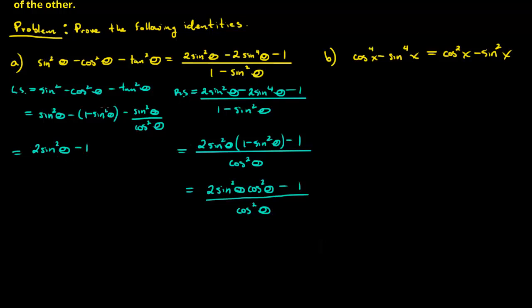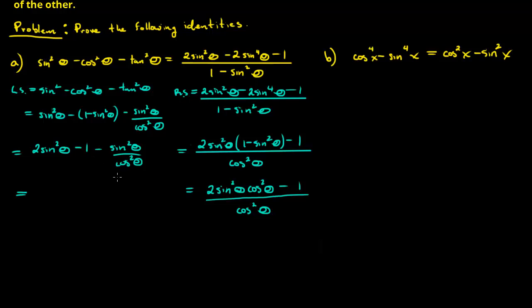Pardon me, I can't do basic distributive property. That's just from distributing the negative into these brackets here. And then I would have minus sine squared theta over cos squared theta. So this looks pretty similar. I'm just going to leave it like that.